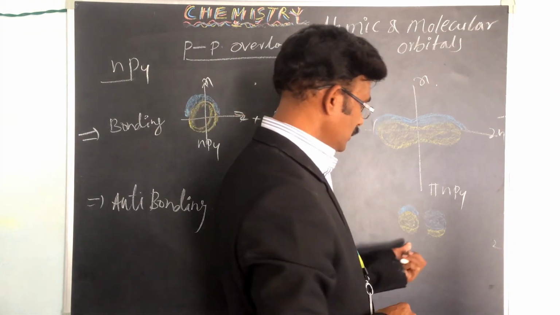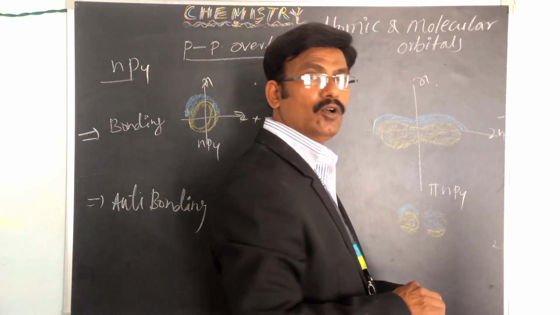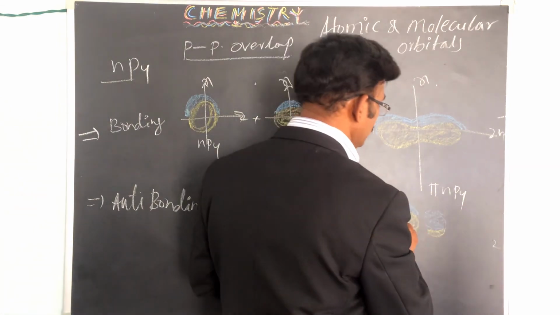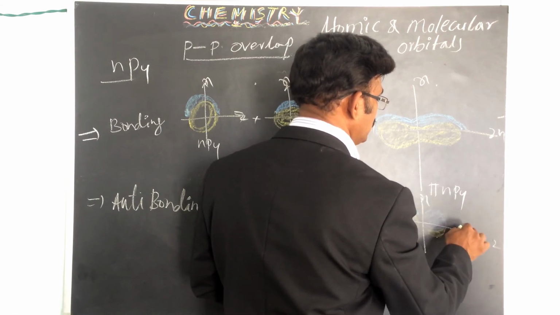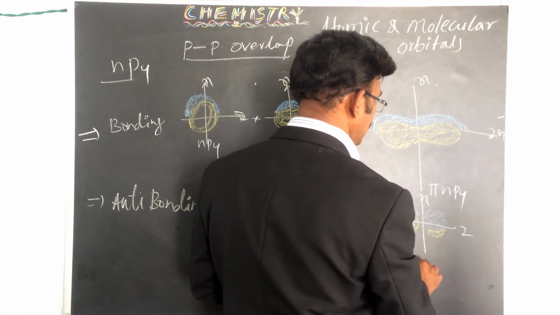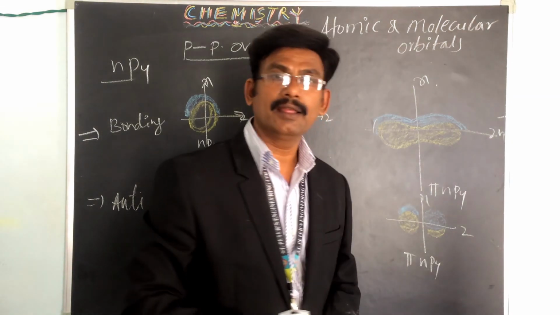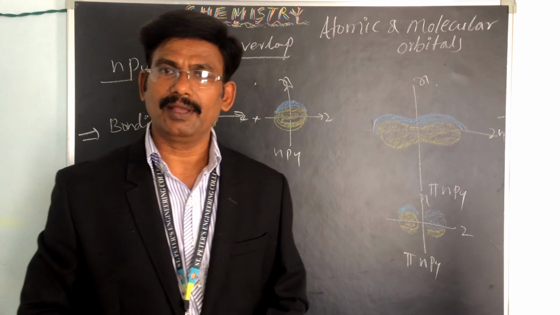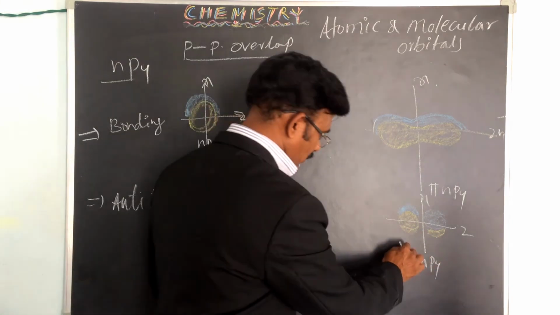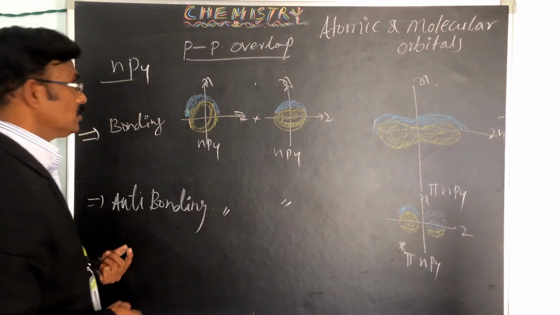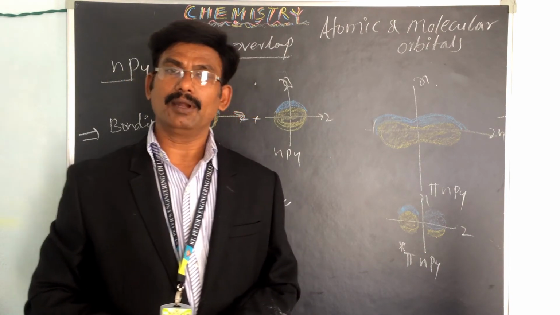Here the two anti-bonding, X direction and Z direction. Here pi star NPY, pi star NPY. So this is the pi star anti-bonding. So this is about the bonding and anti-bonding.